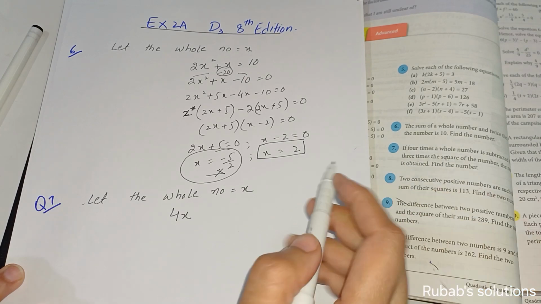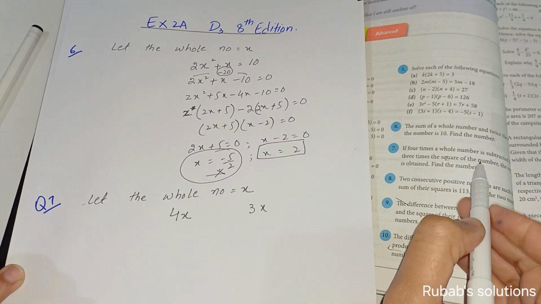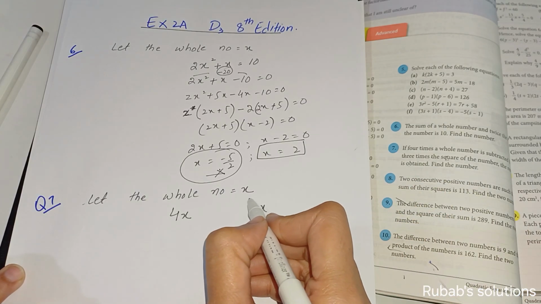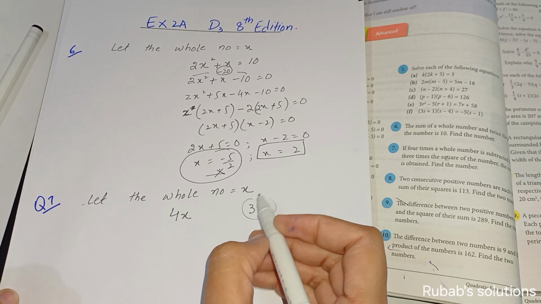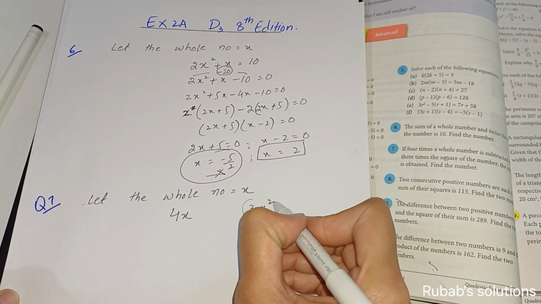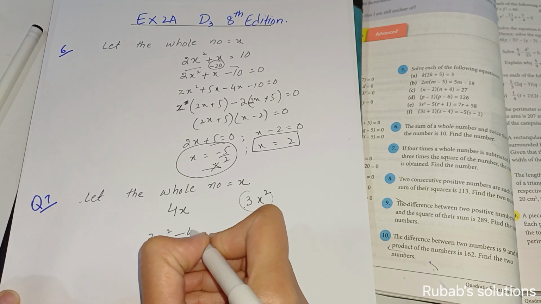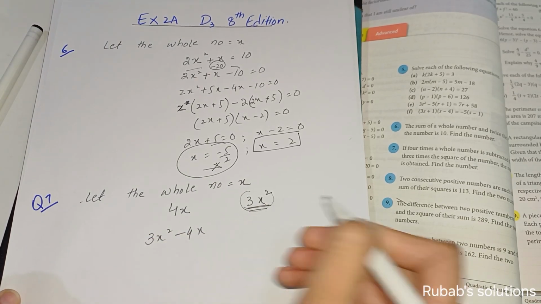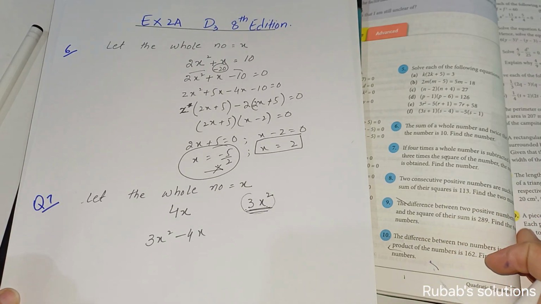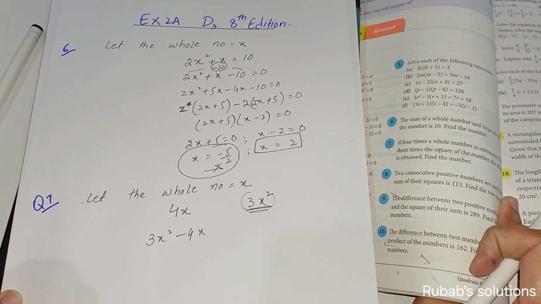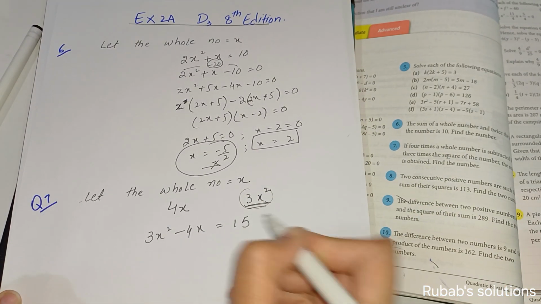From 3 times the square of the number, not the complete number, square of that number. So it will be 3x square minus 4x, because this term was after from, so we have to write it first. The result 15 is obtained, is equal to 15.